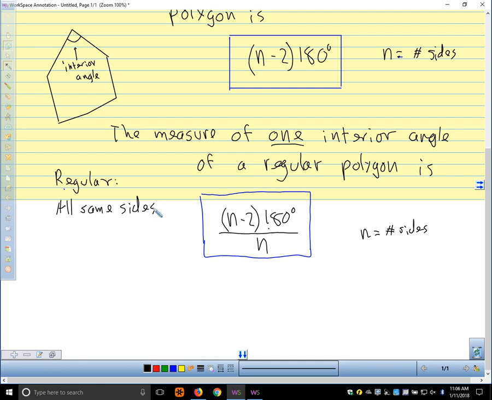Yeah? All the angles are the same. Nice. So the sides are all the same length, the angles all measure the same angle measure. All right. We good there?